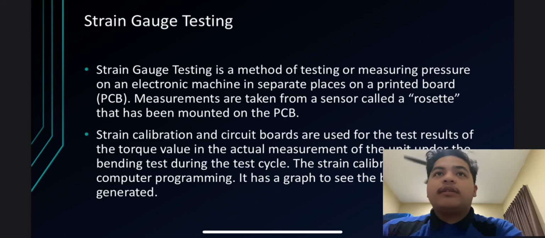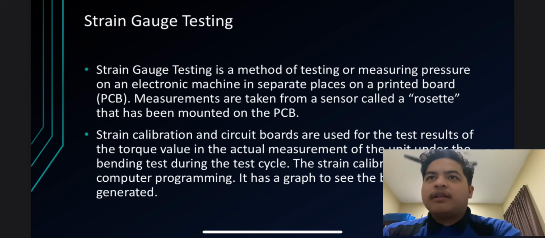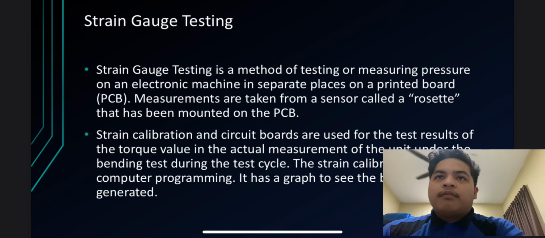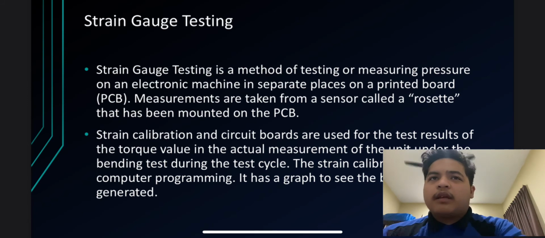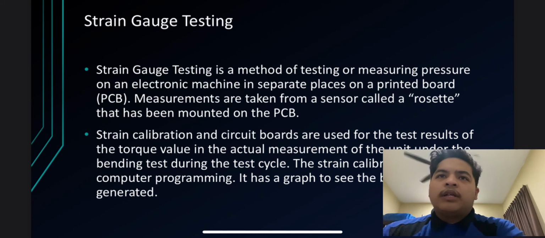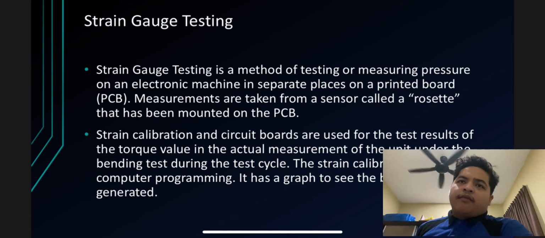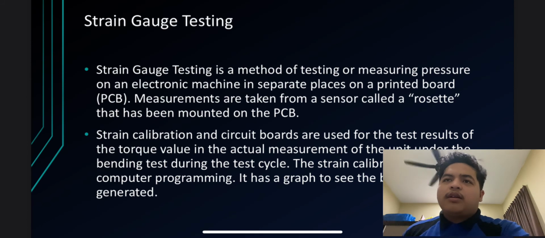The next project is strain gauge testing. Strain gauge testing is a method of testing or measuring pressure on the electronic machine placed on the printed circuit board. Measures are taken from a sensor called a rosette that has been mounted on the PCB. The strain calibration and circuit board are used for the test result of the torque value in the actual measurement of the unit under the bending test during the test cycle.